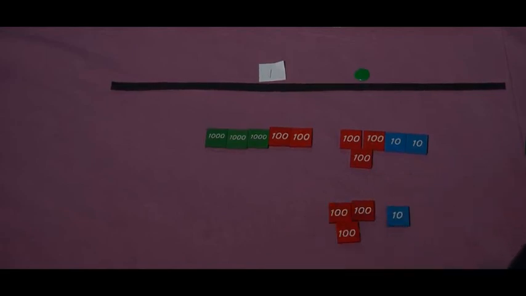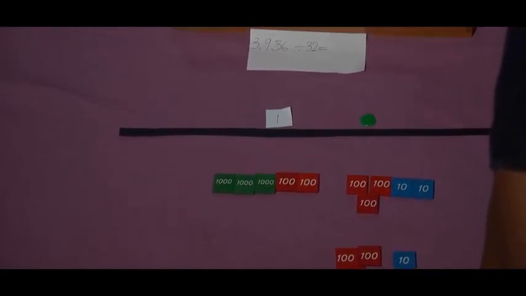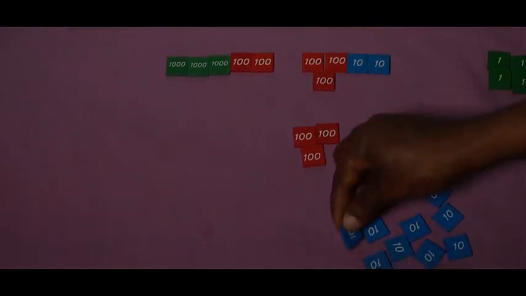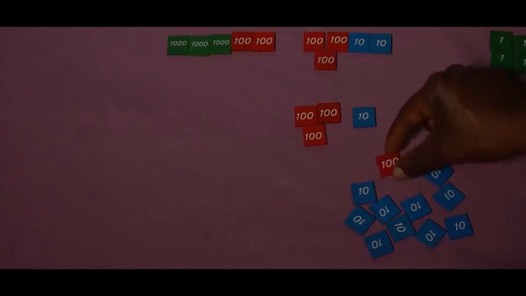I can exchange the remaining 100 here for 10 tens. 1 ten, 2 tens, 3 tens, 4 tens, 5 tens, 6 tens, 7 tens, 8 tens, 9 tens, 10 tens. So I exchange now.